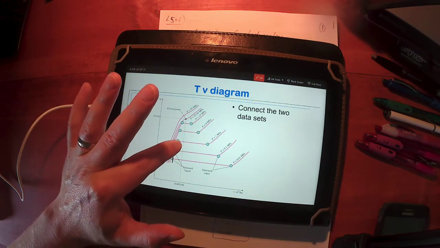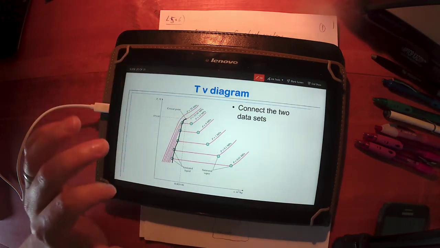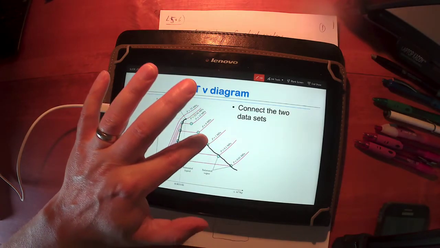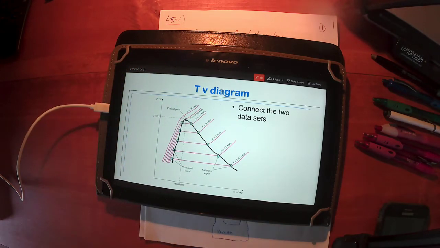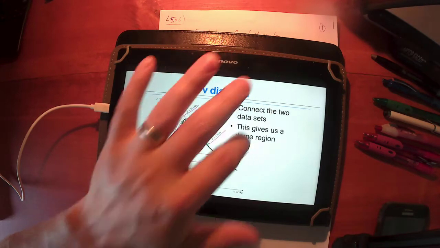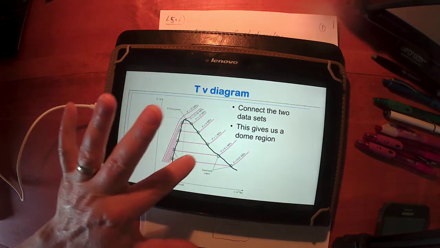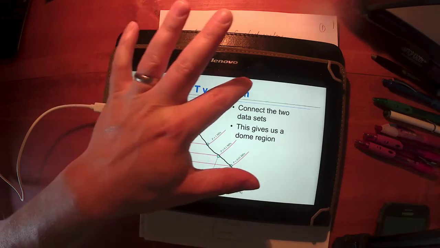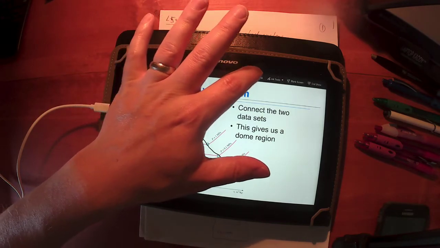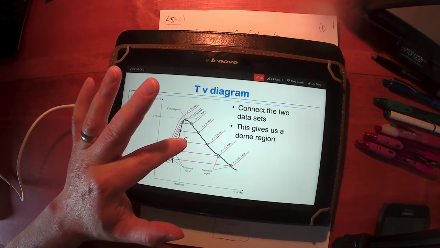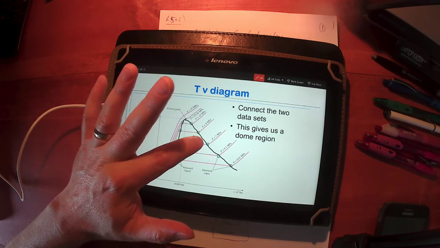Right, so if I connect all the saturated liquid points and I connect all of the saturated vapor points, notice a shape emerges. We call this shape the dome region, the saturated dome region. Okay? So the saturated dome region is this region here where everything under the dome, we have what we call a saturated mix.